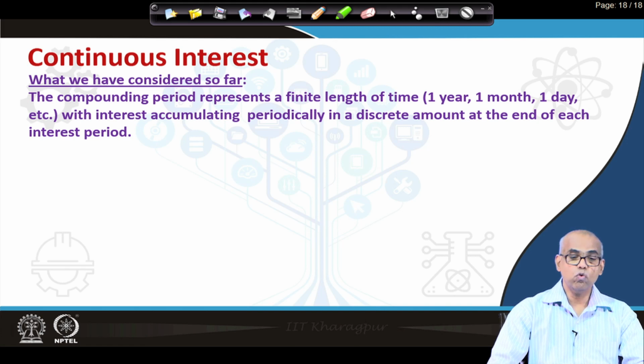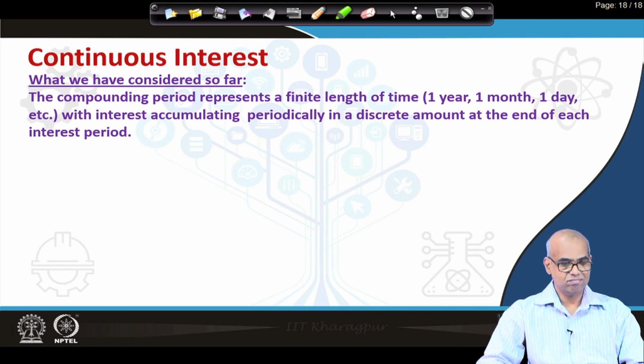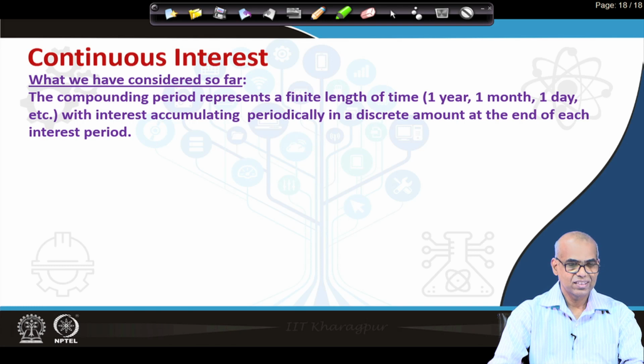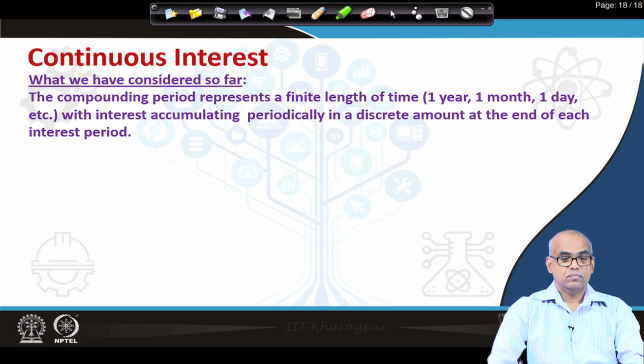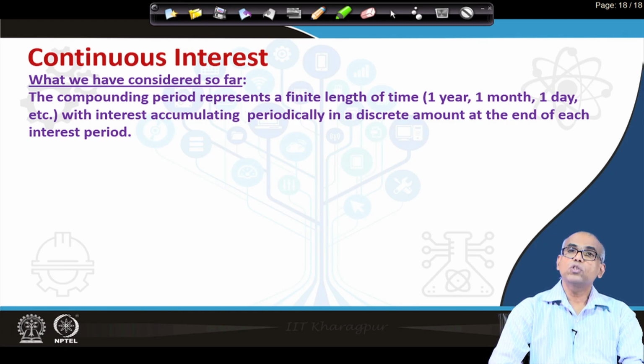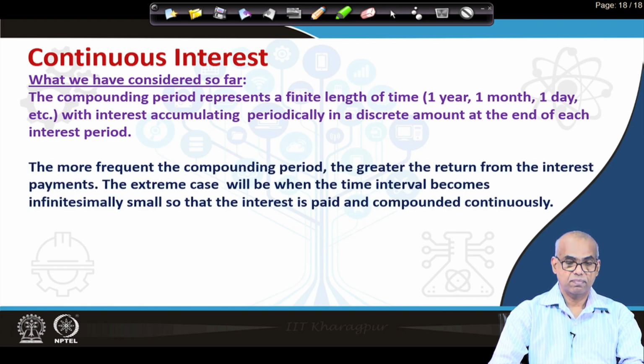What we have considered so far is as follows. The compounding interest period represents a finite length of time, say 1 year, 1 month, 1 day, etc., with interest accumulating periodically in a discrete amount at the end of each interest period.